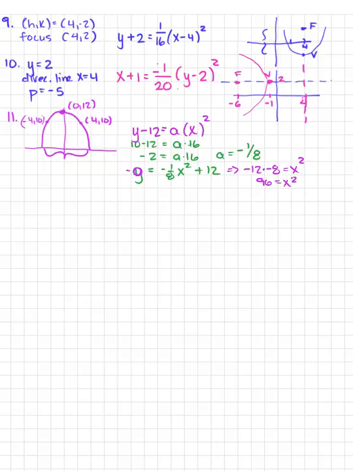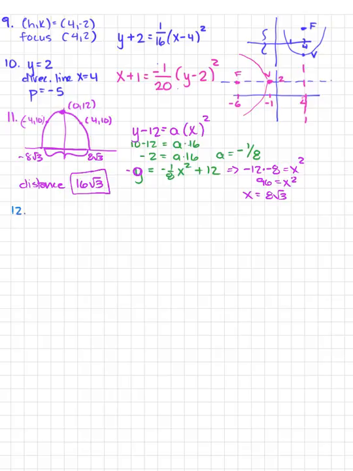So x is 4 radical 6 on both ends. This would be 4 radical 6, and this would be -4 radical 6. So the distance would be twice that. So 8 radical 6 would be the distance from x-intercept to x-intercept. All right, on to number 12.